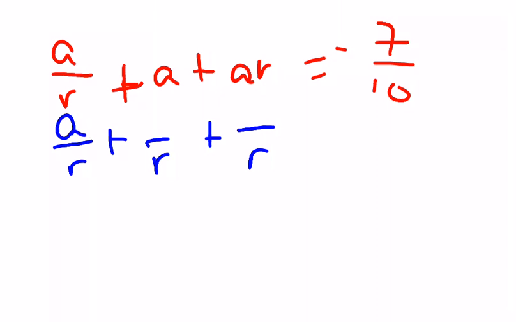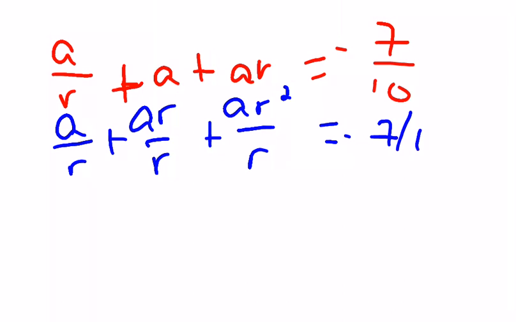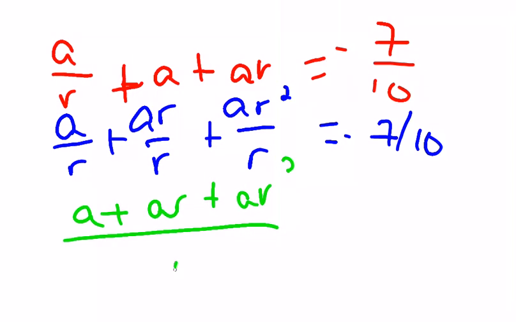So this one's already there, but then I have to multiply by R to the second one, so I have AR on top, and the same thing for the last one, so I have AR squared equals -7/10. And then I can write that as A plus AR plus AR squared, all divided by R, equals -7/10.